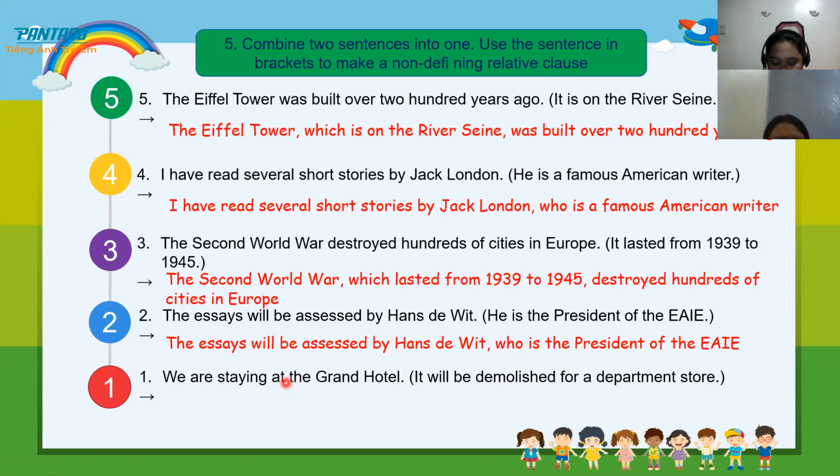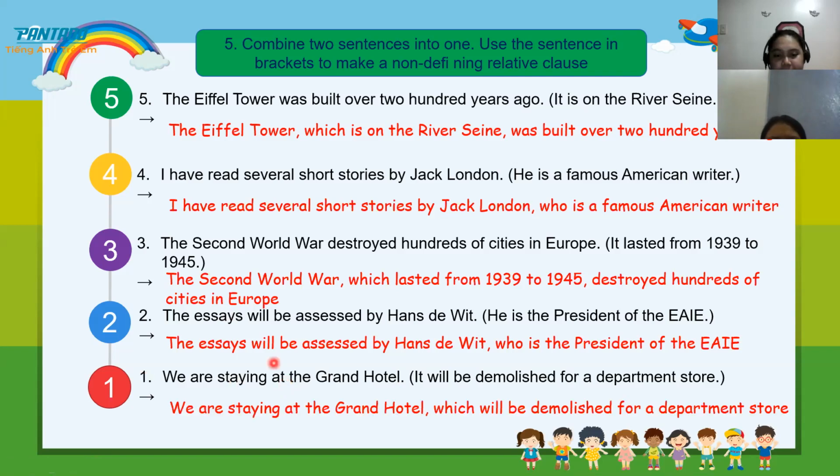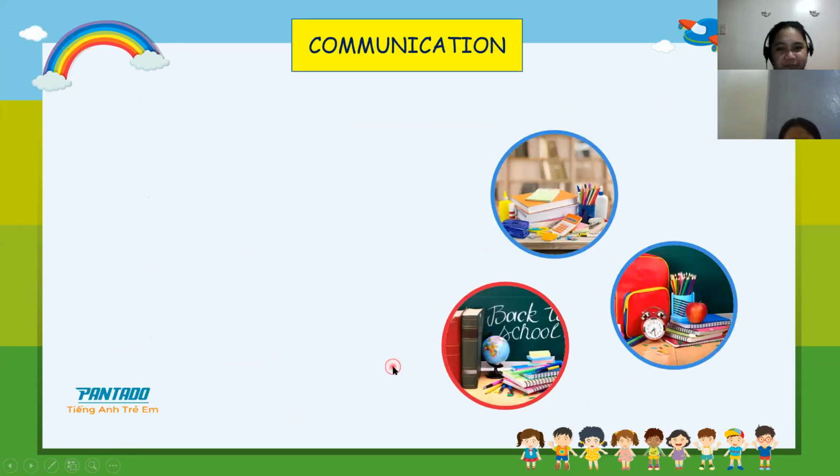We are staying at the Grand Hotel, which will be demolished for a department store. Very good. We are staying at the Grand Hotel, comma, which will be demolished for a department store. So you've got the correct answer in number three, number two, number one. So three correct answers. Good job.